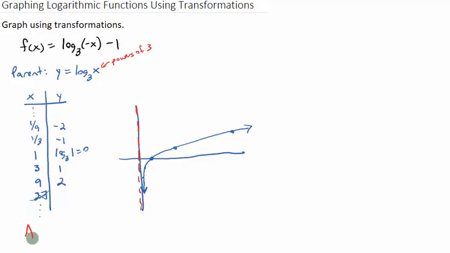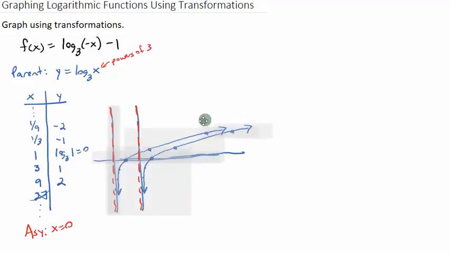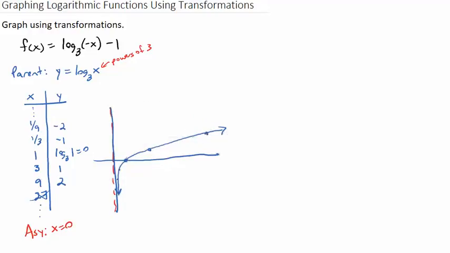So I like to list that as part of my ordered pairs over here. The asymptote is the equation x equals 0 because it goes to the x-axis at 0. It's just a vertical line. Okay, so good, we've got our parent function set up. This is our starting graph. This is the only graph we actually calculate anything, based on a function. Now we do everything else based on transformation.